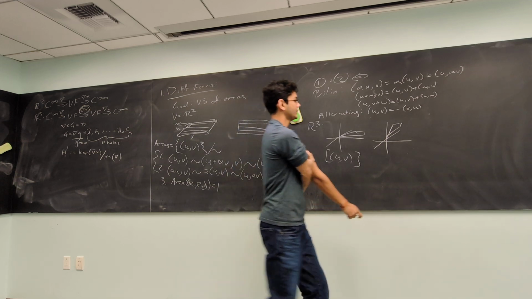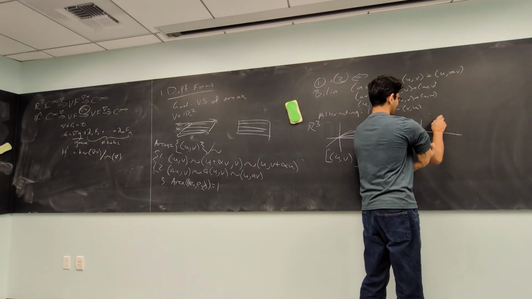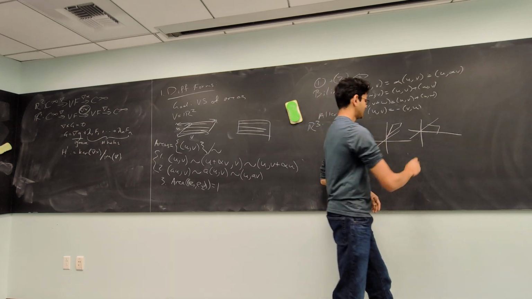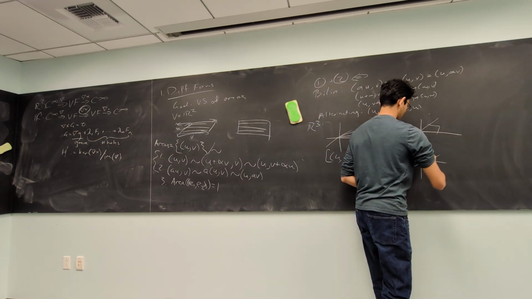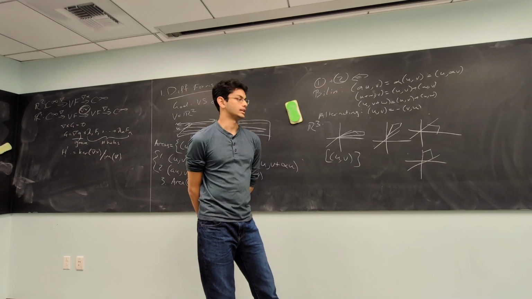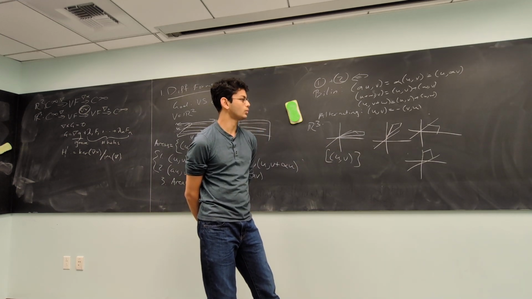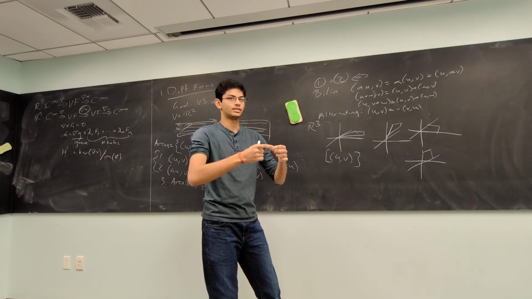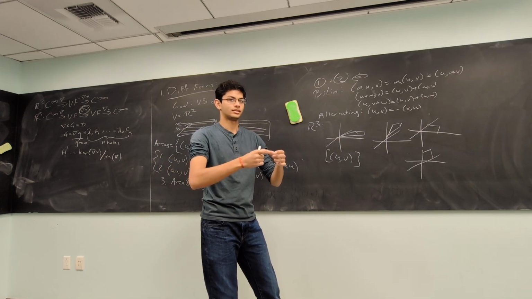Okay, let me ask you a question. If you have R3, you have this one in the XY plane, and you have this one in the YZ plane. What is the common parallelogram that you can make both of them into so that you can stick them together?